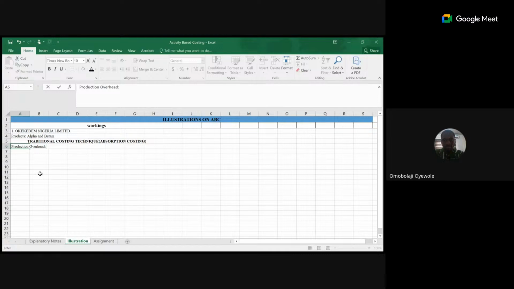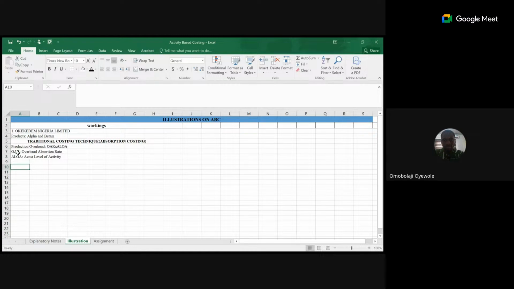Production overhead is overhead absorption rate (OAR) times the actual level of activity (ALOA).